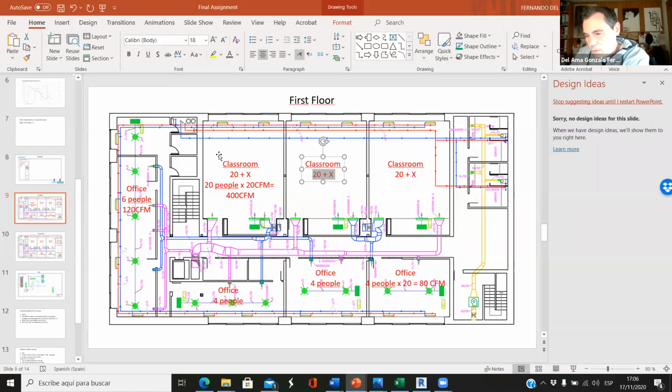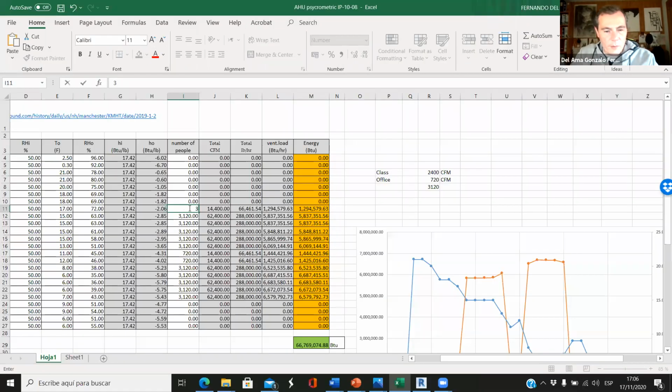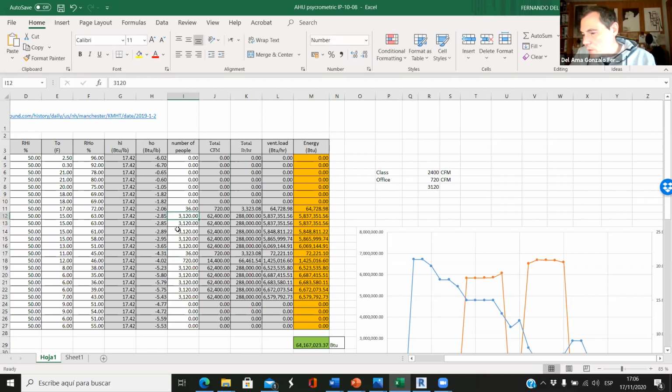So this is 12, this is 24, and this is 120. Okay, so it's 36. So the number of people is 36, and for full occupancy is 120, 156.